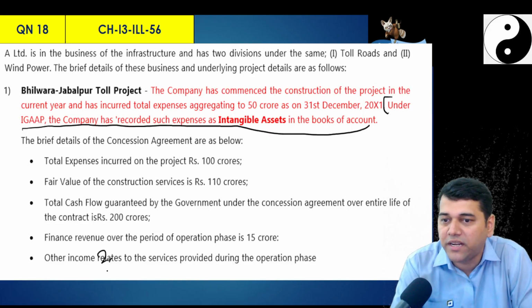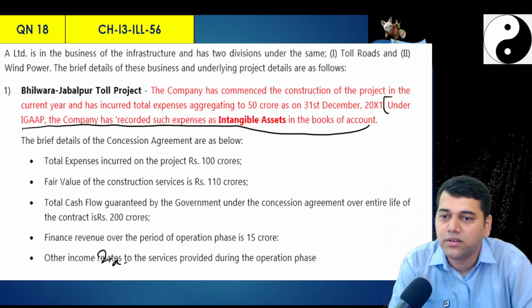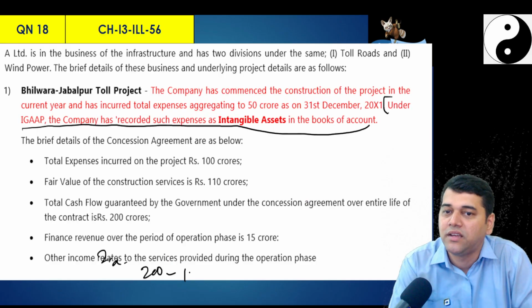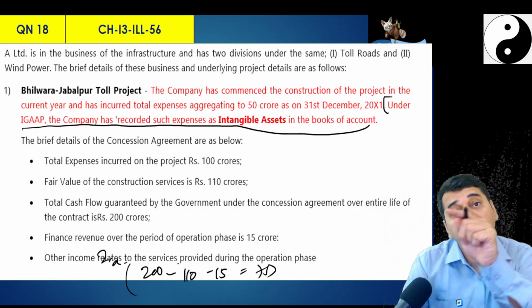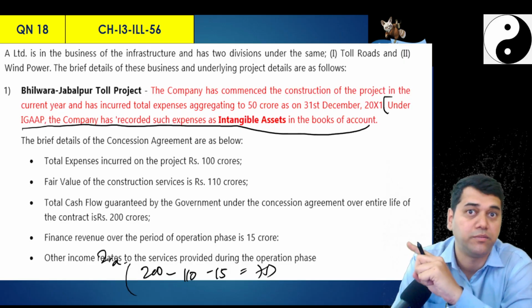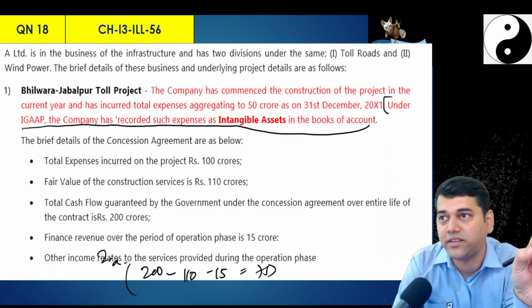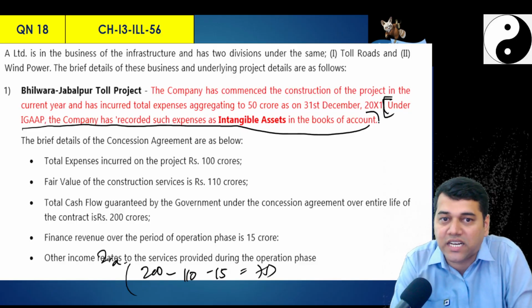Previously I showed you one sentence: 200 minus 110 minus 15 is equal to 75. This content was there in the previous study material. In the new study material, they removed this sentence and they added this one thing extra.